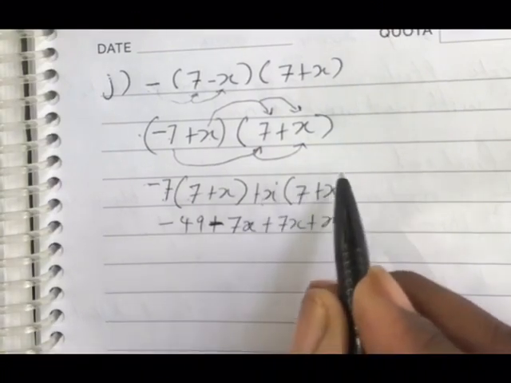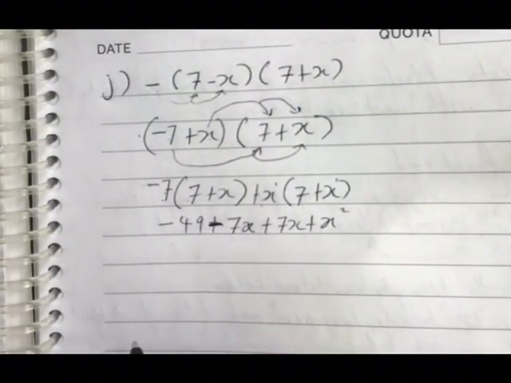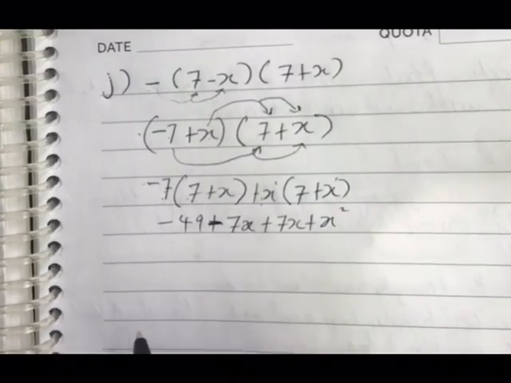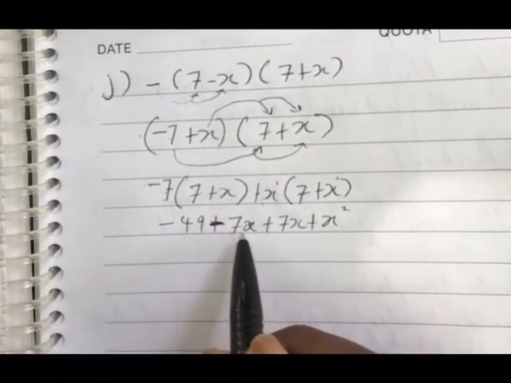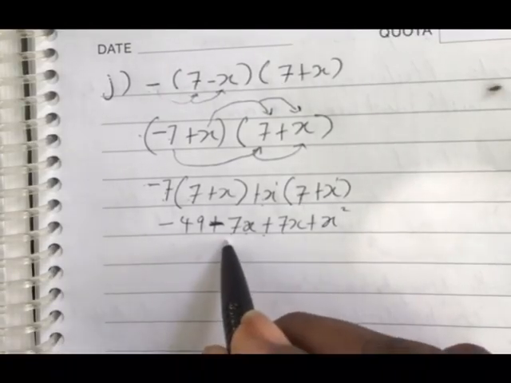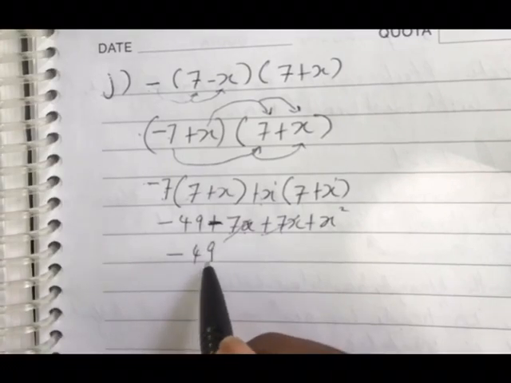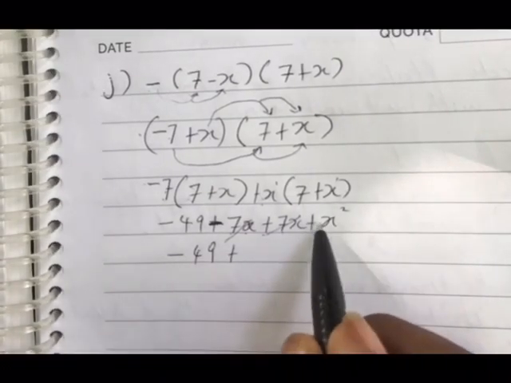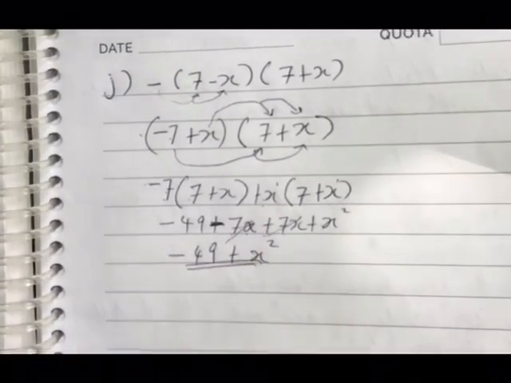This is because x has an exponent of 1 on each of them. Now, negative 7x and positive 7x will cancel each other. Then we have negative 49 plus x raised to power 2, and that's all.